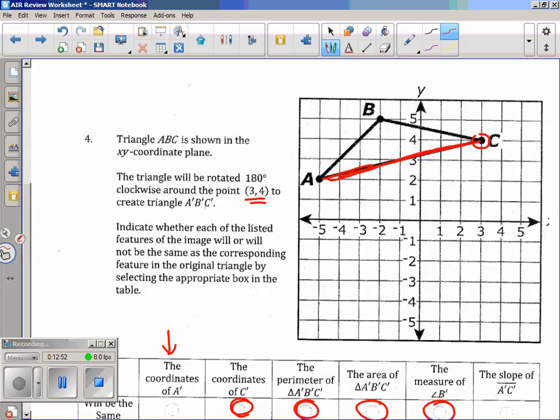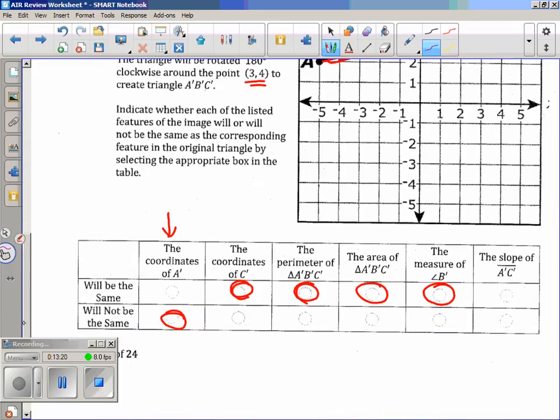Now we're rotating 180 degrees around point 3, 4. So again, 3, 4 is this particular point, and we're going to rotate it 180 degrees. So C stays where it is. Rotate 180 degrees. It's going to come out like that, and A prime is going to be out there somewhere. So in this case, on that 180 degree rotation, since one of the endpoints was right on the rotating point, we're not going to be changing the slope in this case.